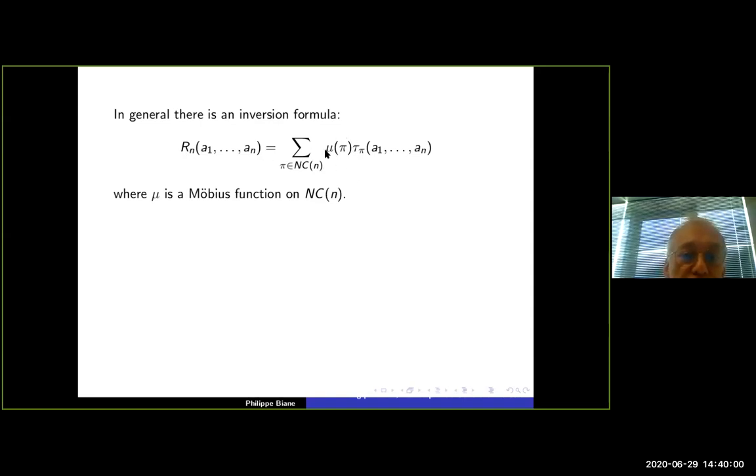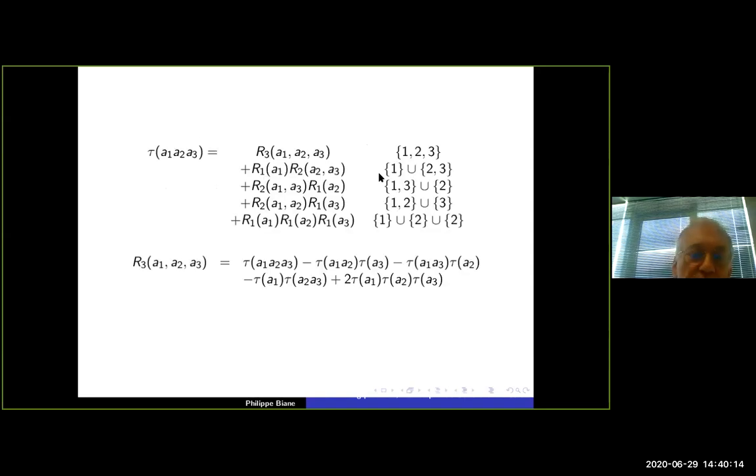There is some function mu, which is the Möbius function on the set of non-crossing partitions, and tau pi of A1, ..., An, which is given by a similar formula as the definition I gave for R. So if you go back here, you see this formula here. You see that you have a formula over non-crossing partitions of A1, A2, A3, and tau evaluated on this non-crossing partition. You can easily understand what it means on this formula.